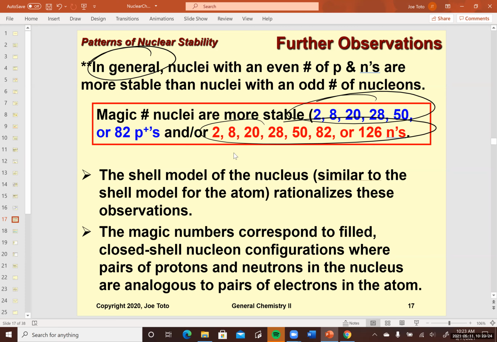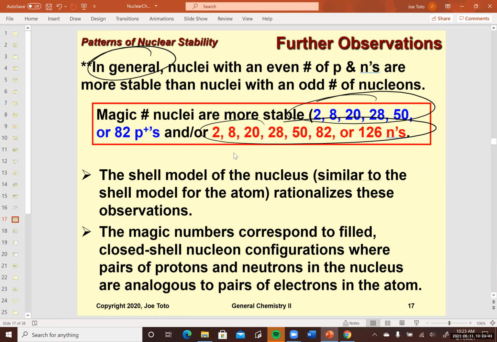And then next would come either odd number of protons or odd number of neutrons. And then lastly would come the least stable of the list. You would pick odd protons and odd number of neutrons.